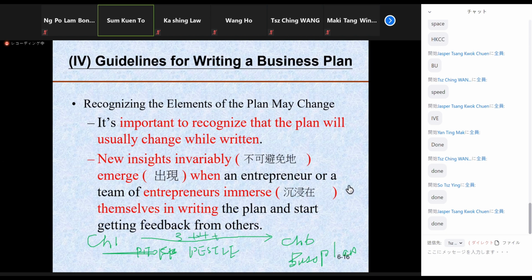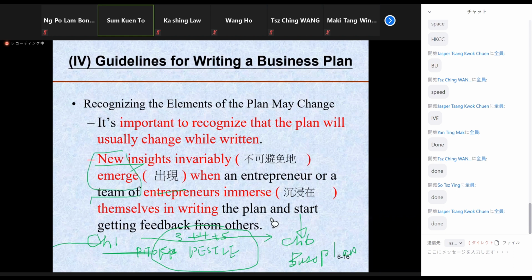So during this process, it might be 1 month, 2 months, even half a year. So at the time of writing your business plan, there may be some changes, some new insight pop up. 半年間、3個月間，好多嘢會改變，and you must be psychologically prepared，一定要有心理準備。All right, what you have done 3 months ago, which things may have changed.